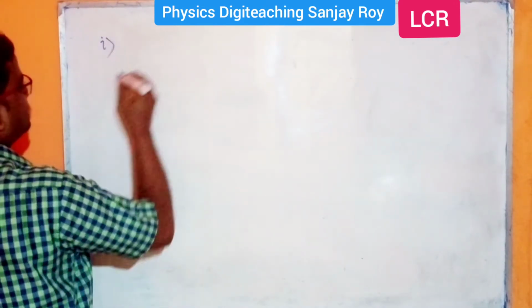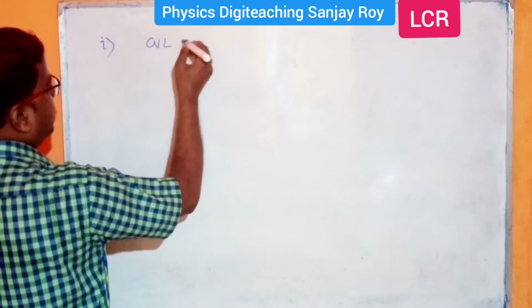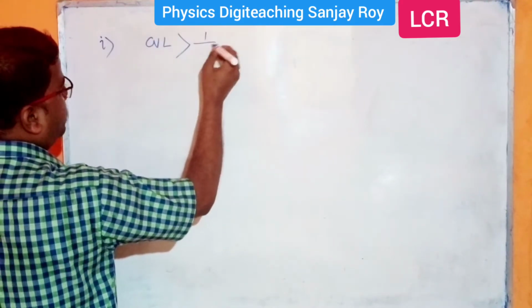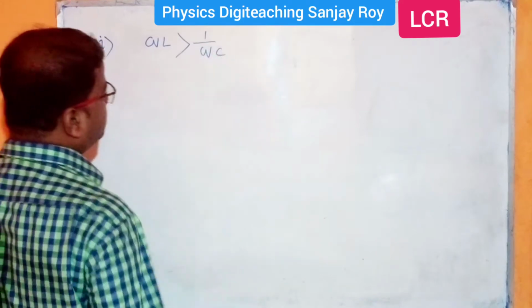Number 1, omega L greater than 1 by omega C.